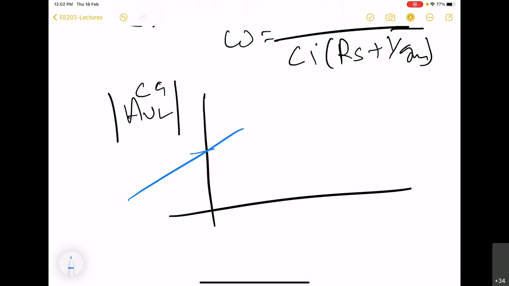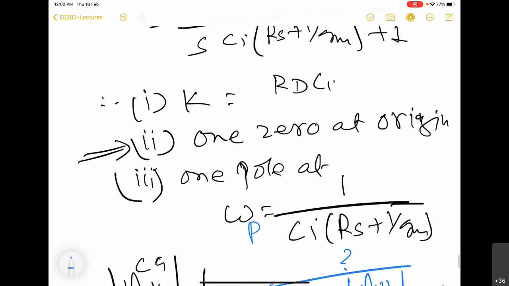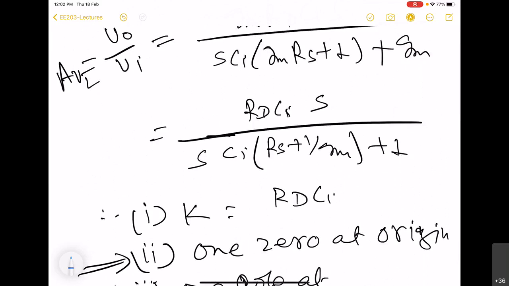It will pass through this K, 20 log K, and then it will become flat after omega P. What will be this value? This value is basically AVL for omega infinity or S infinity. Right. So one can put S infinity in this equation to find out what the response will be.